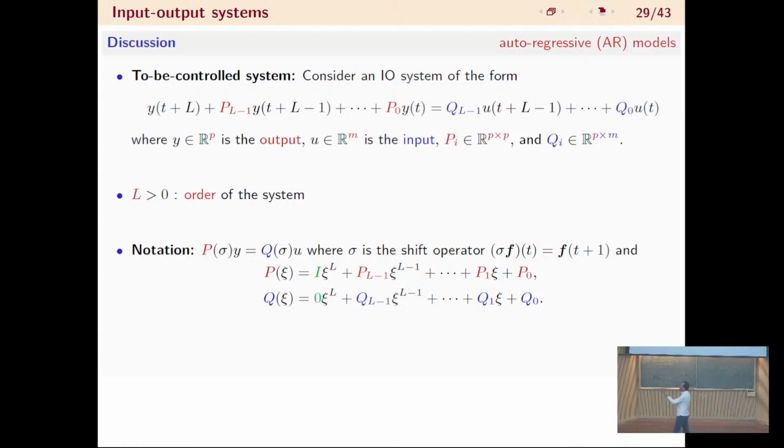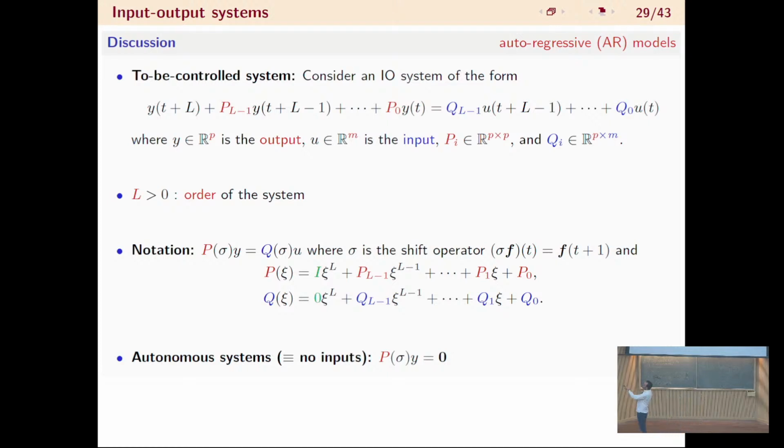Is this clear? We have these P and Q polynomials, and this expression I can write in a very compact way by using polynomial matrices. So a system then is this equation. I can represent a system by such a compact representation.